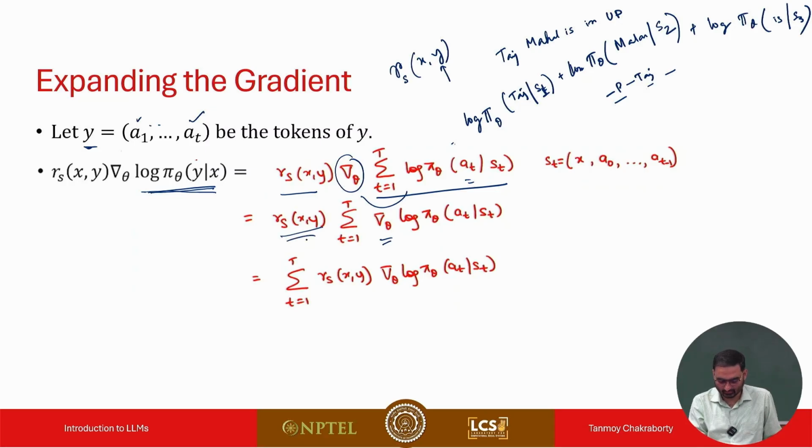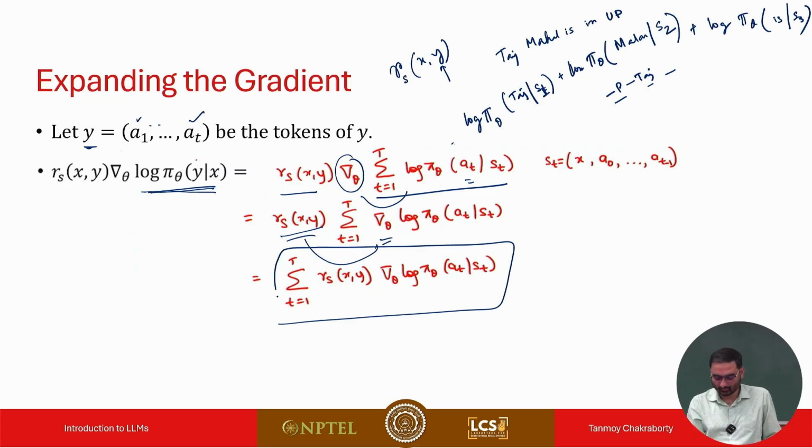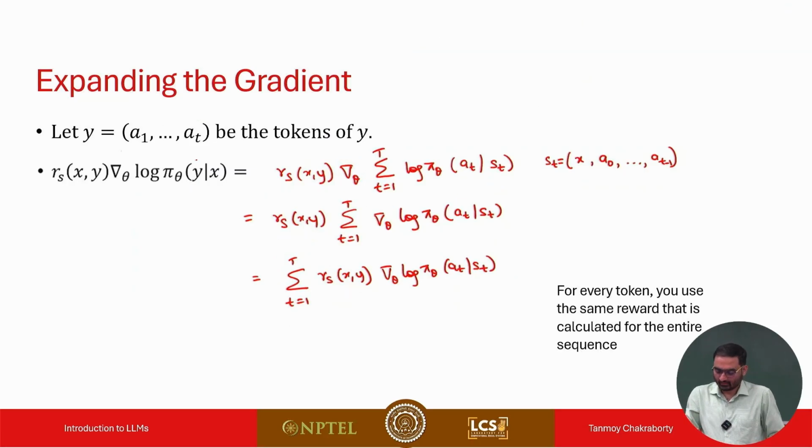You can also move this reward inside, so this is my compact version. Again, if you look at the reward part carefully, there is no t involved, meaning that this is independent of every token in y. The reward is calculated for the entire response, so for every token, you use the same reward that is calculated for the entire sequence.